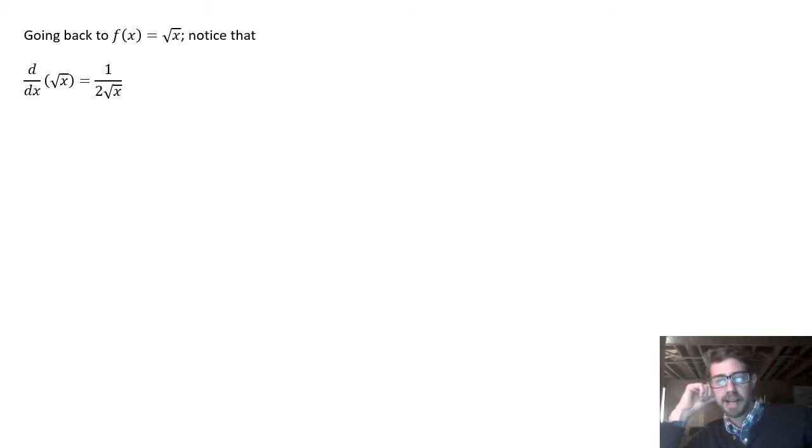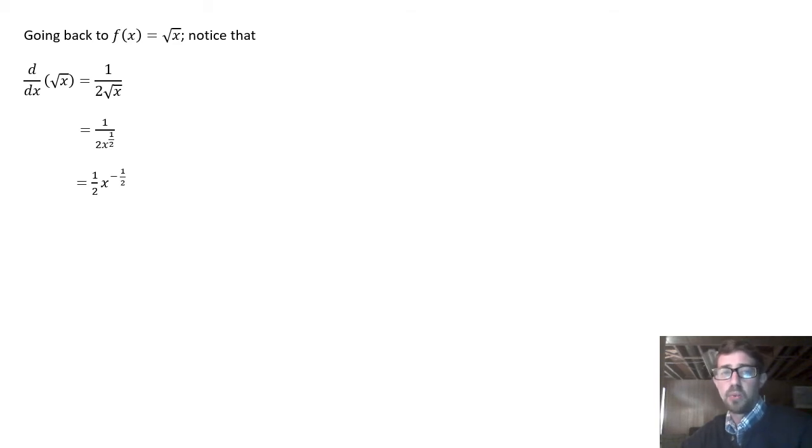We're going to be smarter than the math now. And some of you may already know this rule, and maybe you picked up on it. So the derivative of square root of x is 1 over 2 times the square root of x. Remember, the square root of x is the same as x to the 1/2, right?